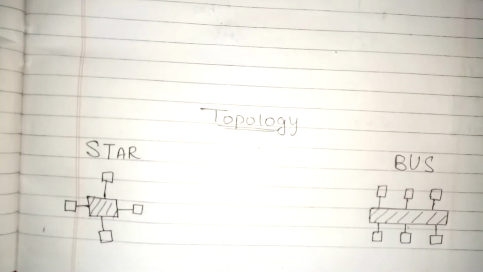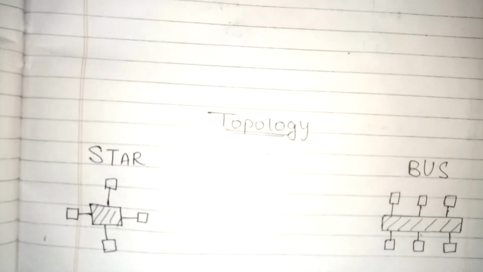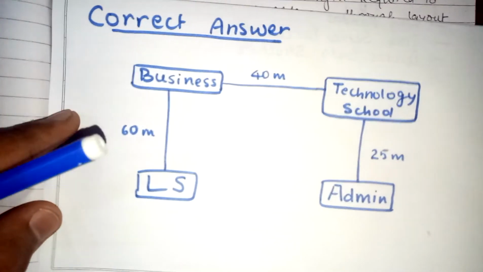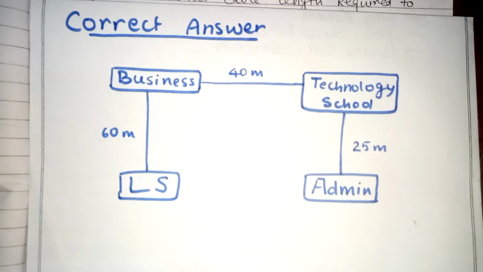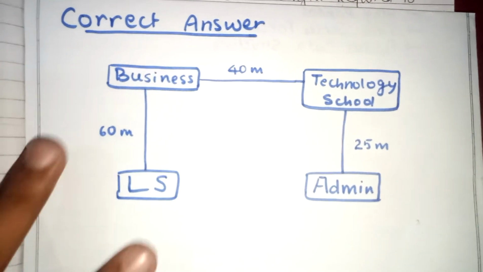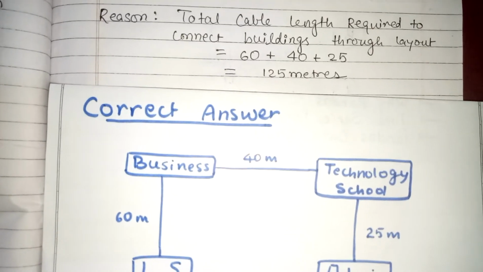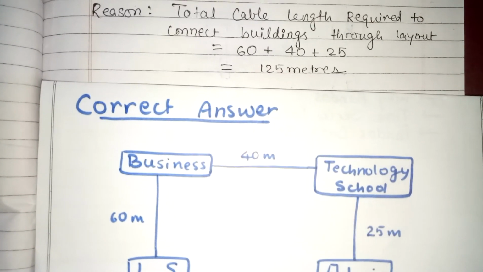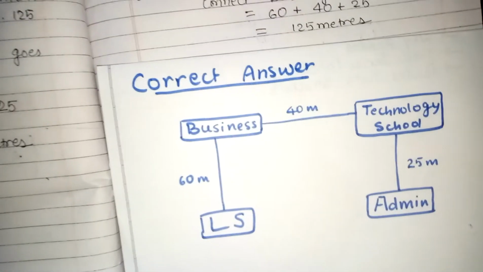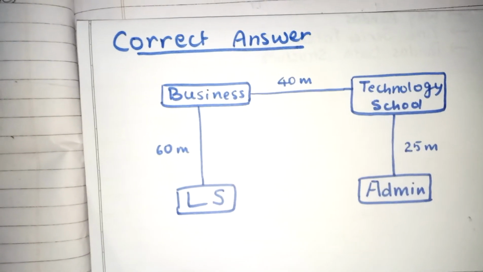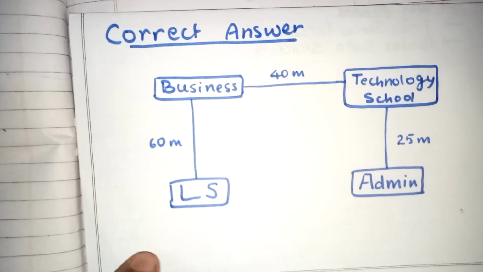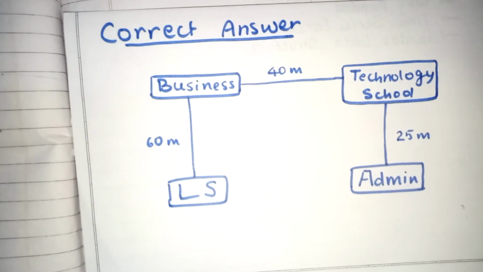So the correct answer of this question would be this, and the reason for this is here. Total cable length required to connect the buildings throughout the layout is less than this one. So we would prefer this type of layout, and this layout is a bus topology.